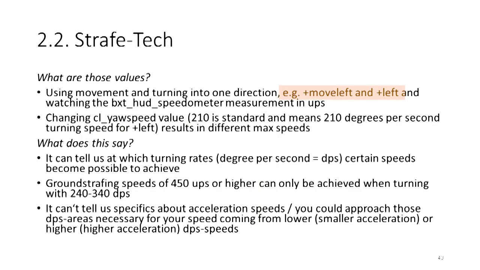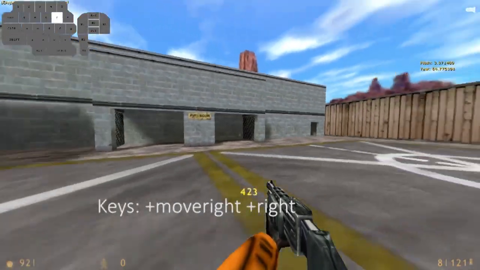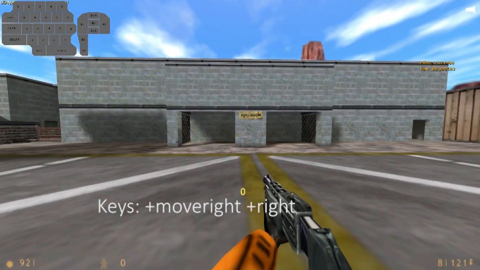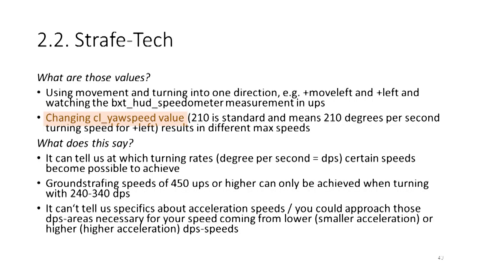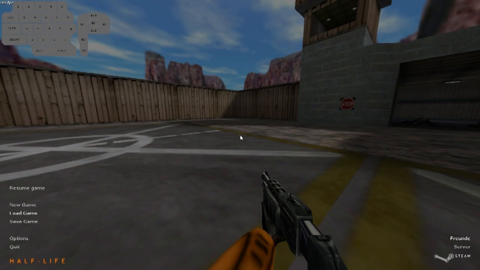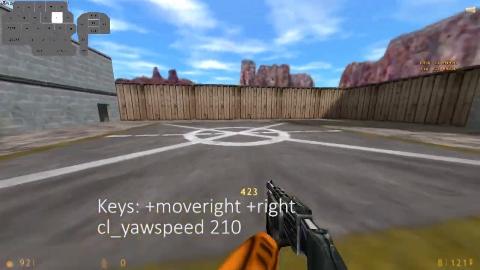These values have been produced by pressing keys for a movement command, for example plus move left, and a turning command, for example plus left. The degrees per second has been varied by changing the cl_yawspeed command, which defines the turning speed in DPS for turning left or right with key presses.